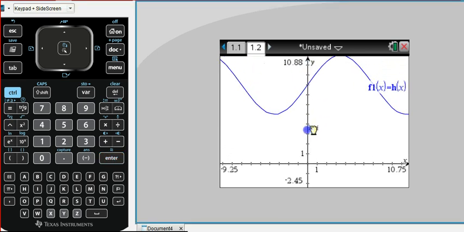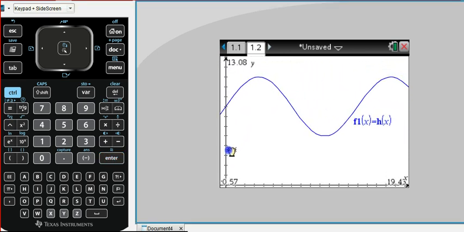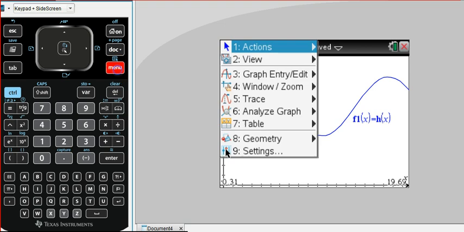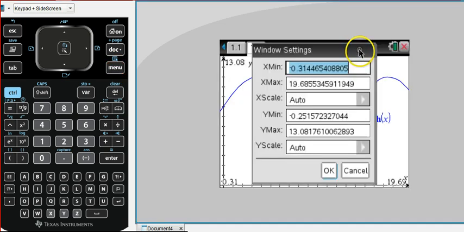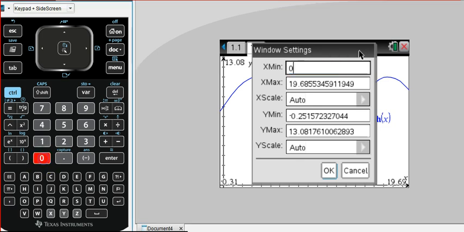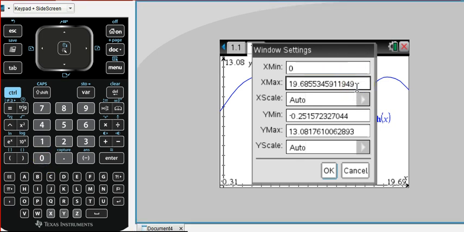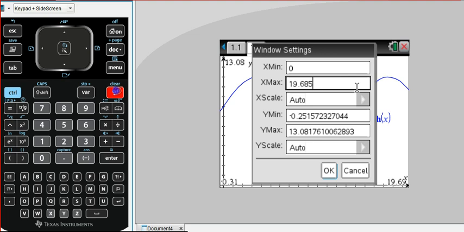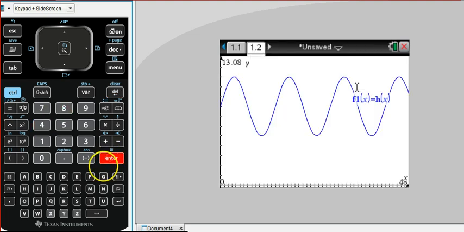You could just drag that down and across like that, or you could go into your window settings, and we know that it says something about the first 48 hours, so 0, and then this bit here becomes 48, and there's your graph between 0 and 48.